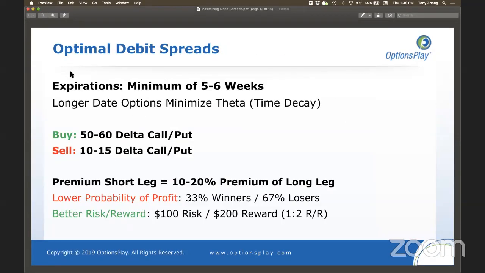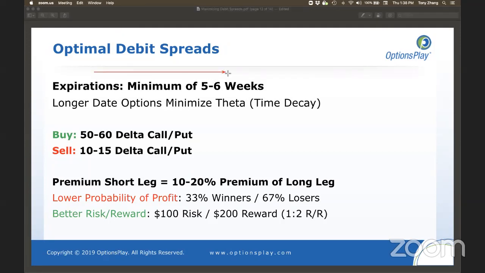So now that we've covered what a debit spread is and what the right opportunities to utilize it are, let's talk about the basics around constructing them, meaning expiration dates and strike prices. So number one, with any type of debit spread, which predominantly means you're effectively long an option, whenever you're long options, the general rule of thumb when it comes to choosing expirations is to go further out in time.